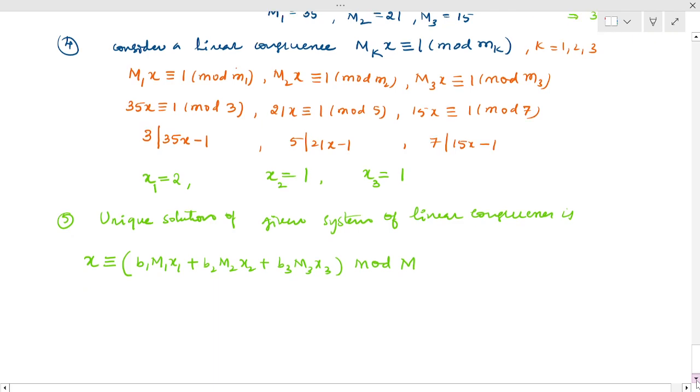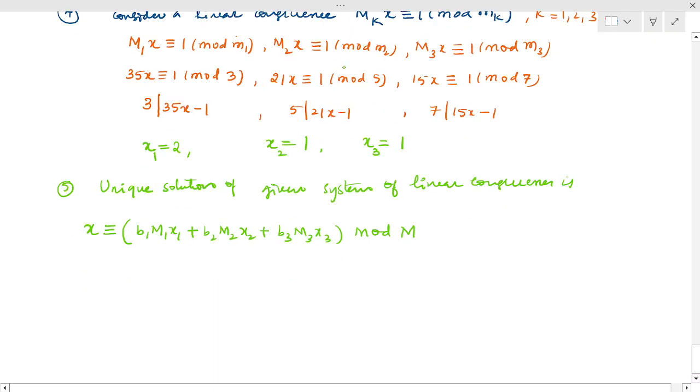Okay, fine. Now x is congruent to b1. B1 value you know already. B1 value is 2. Capital M1 value is 35. X1 value is 2. Just you can go and observe above values, you will come to know this.